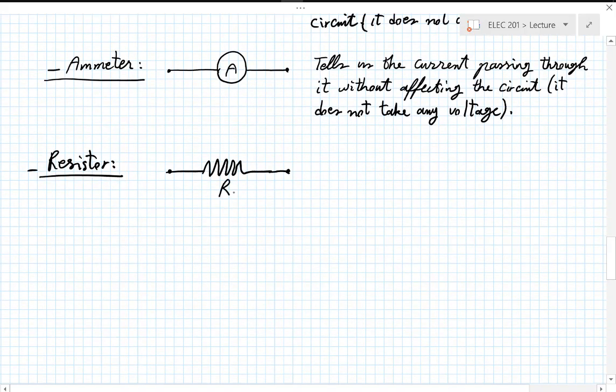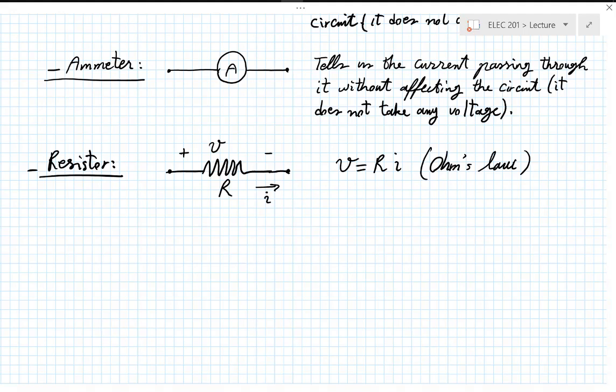So a resistor, we talked about it. It's defined by Ohm's law, with a capital O. Ohm's law is saying that you take a conductor, you measure its voltage and its current, you divide the two, it's going to give you a ratio, and that ratio is not going to change if you change the current or voltage.